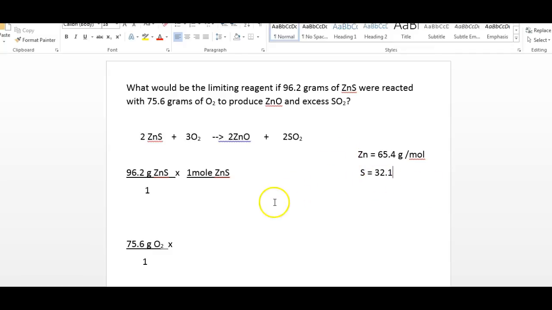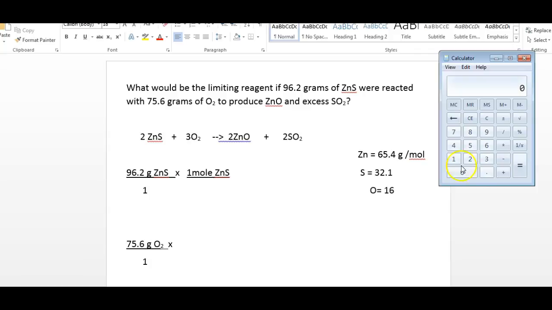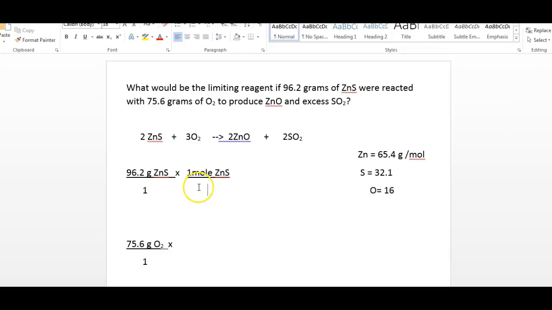And then we just need oxygen. We know oxygen is 16. So for zinc sulfide, we just need to add them. If we hit our calculator, 65.4 plus 32.1 gives us 97.5.